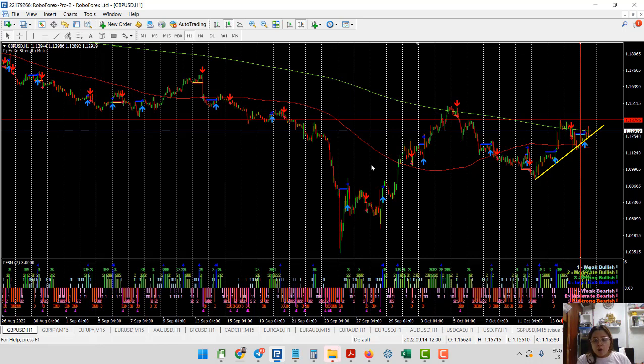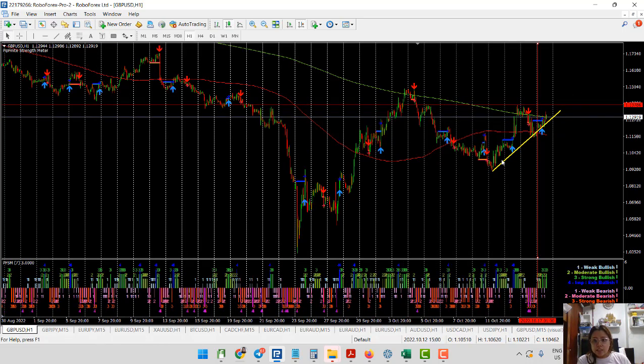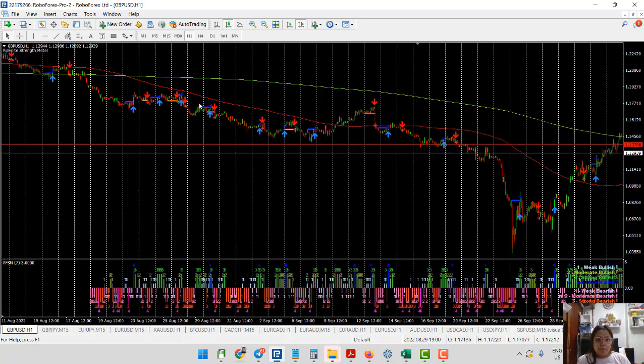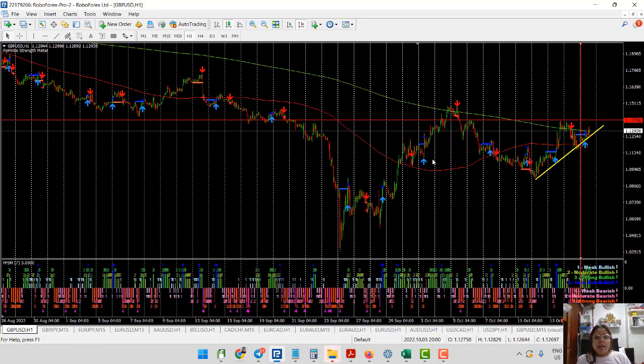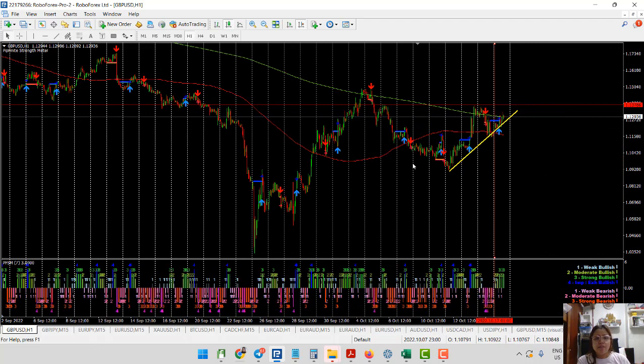At this point, we don't know yet the direction of these forming candles right here, or whether it will continue to go up or it will just resume the market move which has started from all the way up here. So what tells me is if I would want to buy, then I would only look for short-term opportunities.